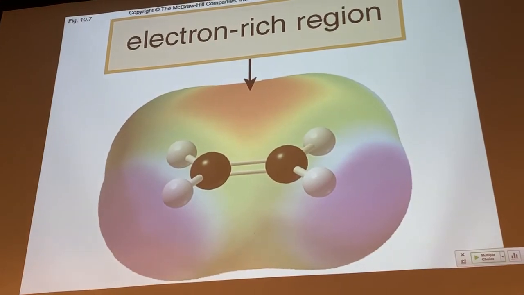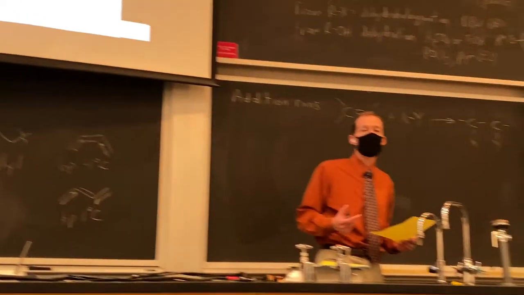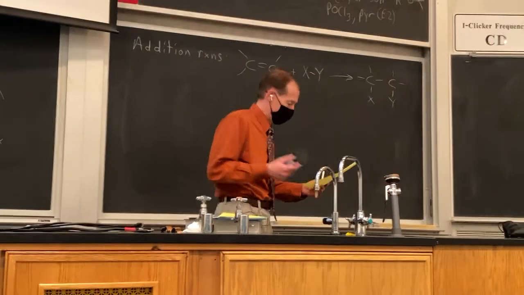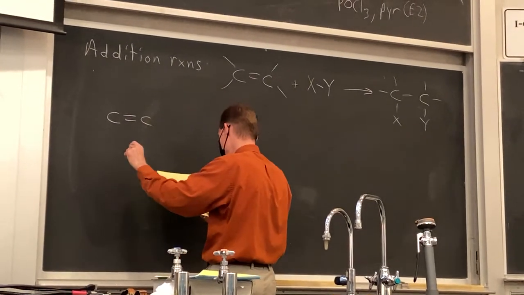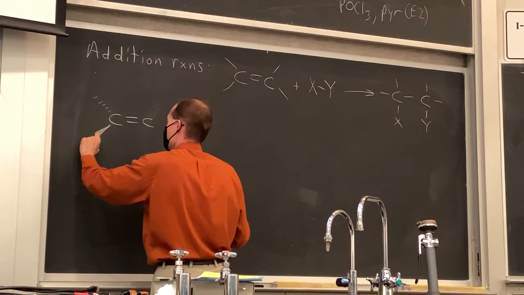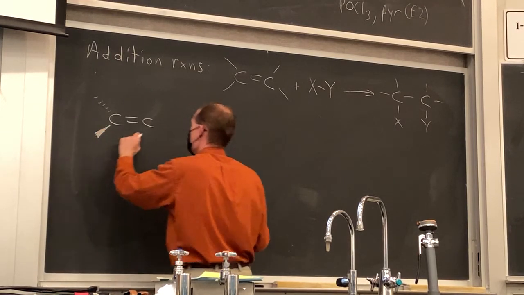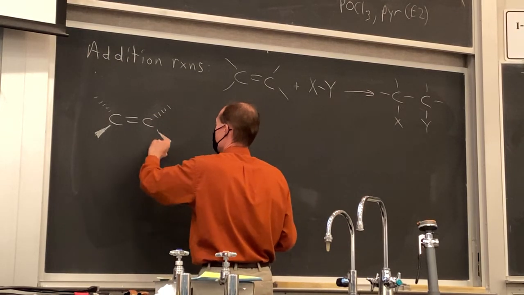Okay. So there's going to be some stereochemistry associated with additions. So I'm going to draw a generic alkene. These four groups can be anything: hydrogens, alkyl groups, functional groups.